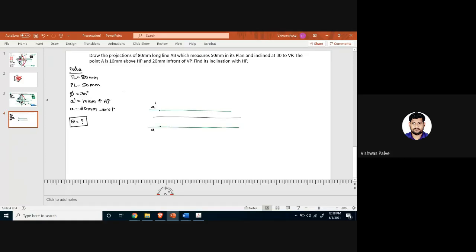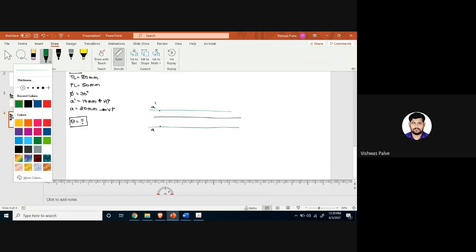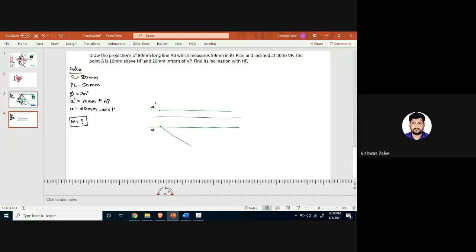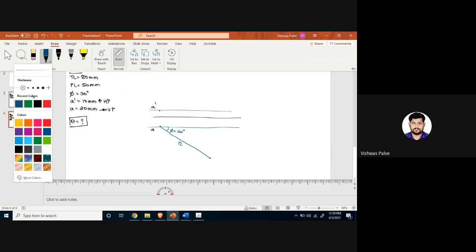So locate point A and A dash. After that, the phi angle and true length are given. With the help of the phi angle, 30 degrees, I can draw this 30 degrees here, and the true length. What will be the notation for this point now?